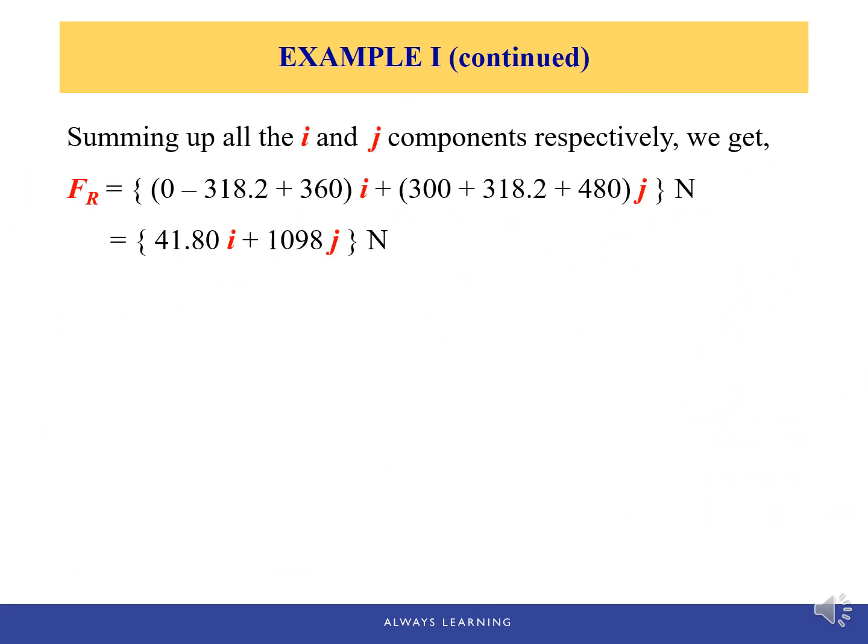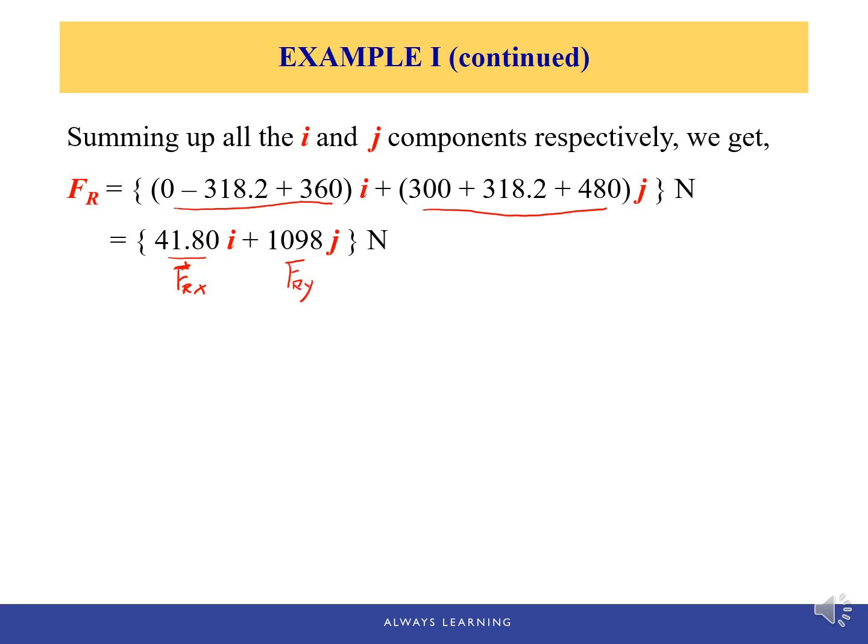So the next step, we will just sum up all the i hat terms and j hat terms. The sum of the i hat terms will be the x component of this vector R. We can say this is FRx, and the sum of the y, or j hat, components will be FRy.